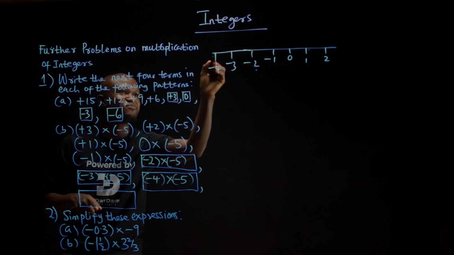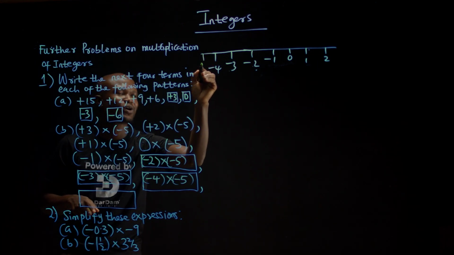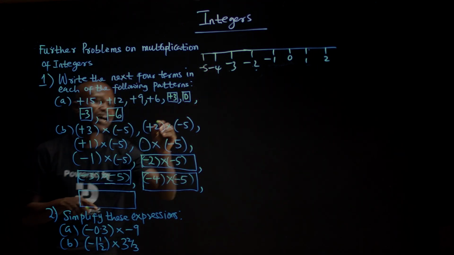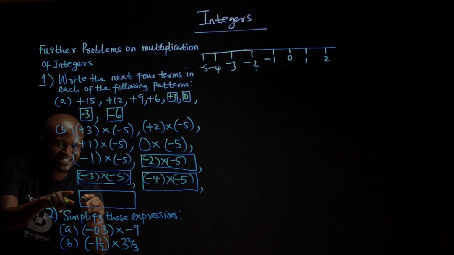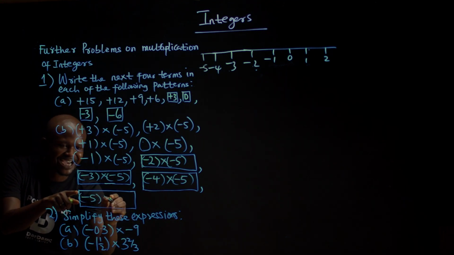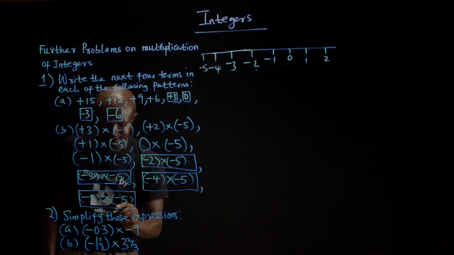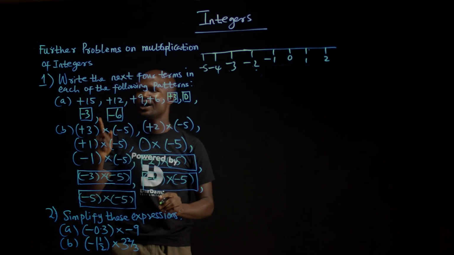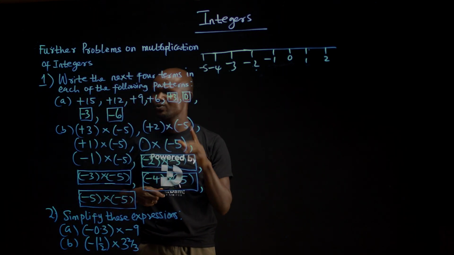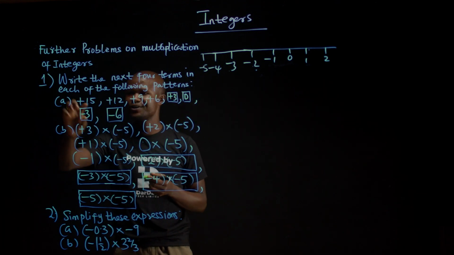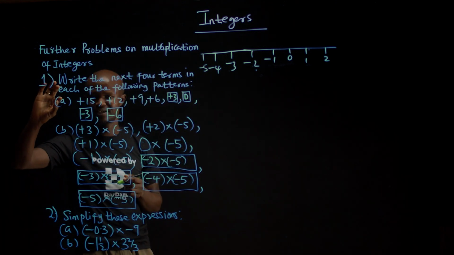Moving backward again, minus 5, so minus 5 times minus 5. So we have solved the first question, because the first question comprises A and B.